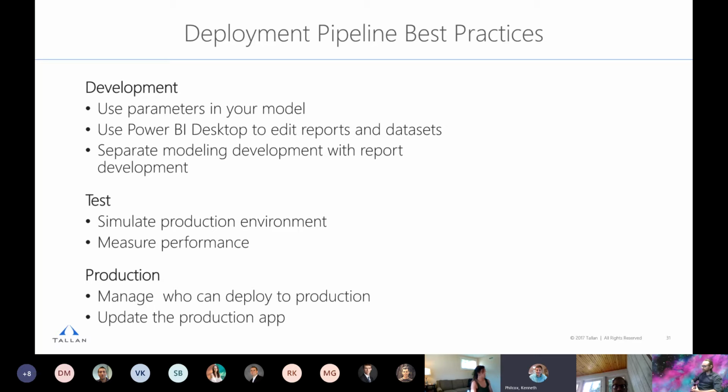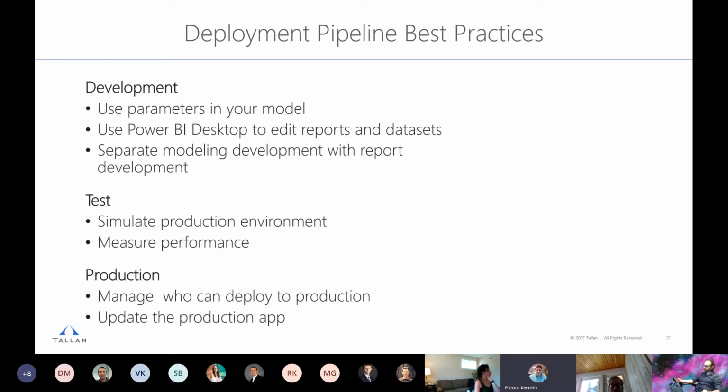They all have different compute power behind them. So the test environment should ideally match that when you're testing the performance, because this is your go-to area for your reviewers, your QA to actually go into this workspace, look at the reports, and then measure the performance as well. So you can actually run your performance metrics against this environment and eventually push that to production.